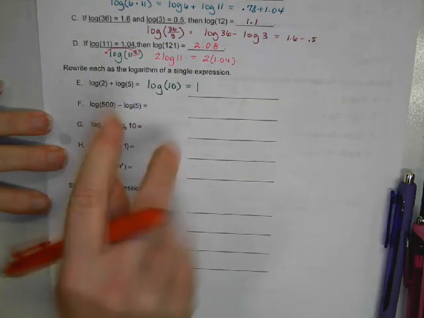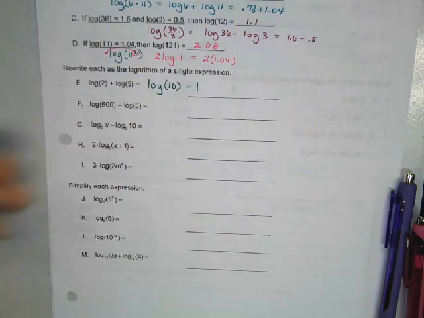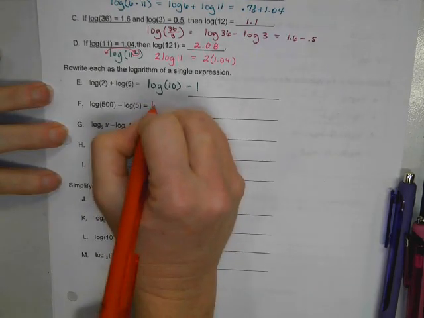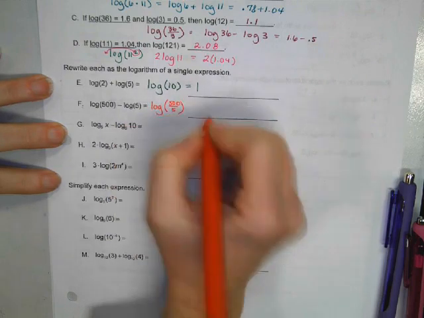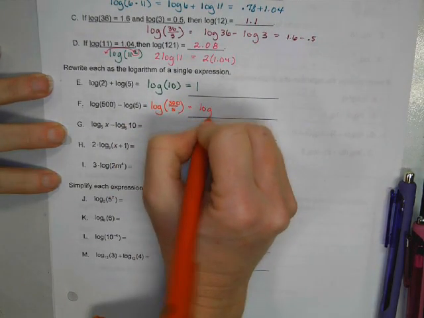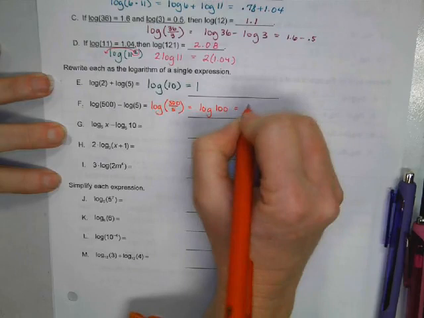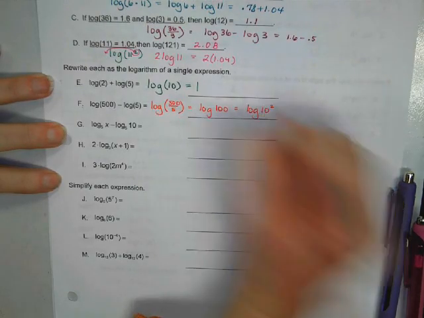All right, got 2 logarithms separated by subtraction. So I need to put them back together with division. So I'm going to do log 500 divided by 5, which is log 100, which I can actually write as log 10 squared.